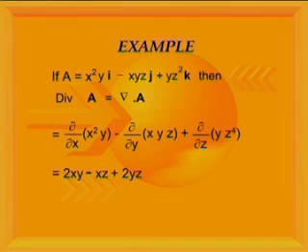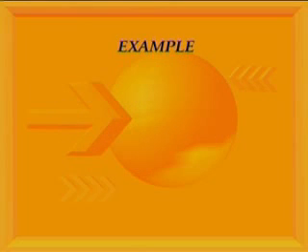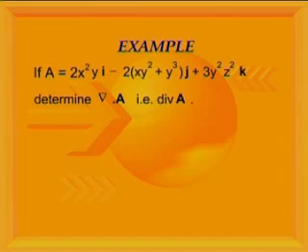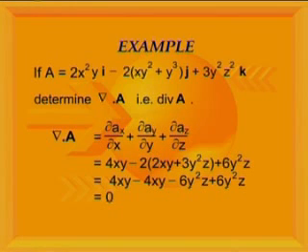Let us do another example for the divergence of a vector. In this example, the vector A is equal to 2x square y i minus (2xy square plus y cube) j plus 3y square z square k, and for the divergence of A we will find del dot A. Therefore del dot A will be the partial derivative of the ith component with respect to x, and the partial derivative of the jth component with respect to y, and the partial derivative of the kth component with respect to z, and the sum of all these.